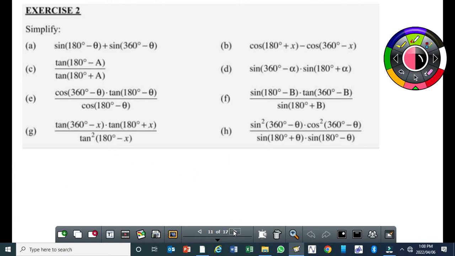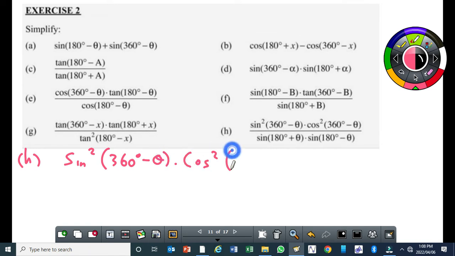let's do one more complex one, like the one with the square. Right? I can't do every question. So H, you have got sine squared of 360 degrees minus theta times cos squared of 360 degrees minus theta.